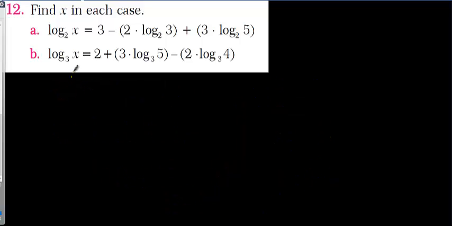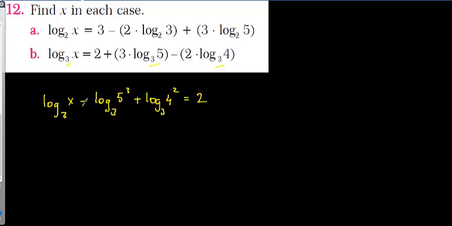Okay, in this part the base is 3, logarithm base 3, here also 3, here also 3, so I'm going to collect these terms to one side. Logarithm base 3 of x, here the sign is plus, but when you send it to the other side it's going to be minus, so logarithm base 3 of 5 cubed, and this sign is minus, it's going to be plus when you send it to the other side: logarithm base 3 of 4 squared is equal to 2.